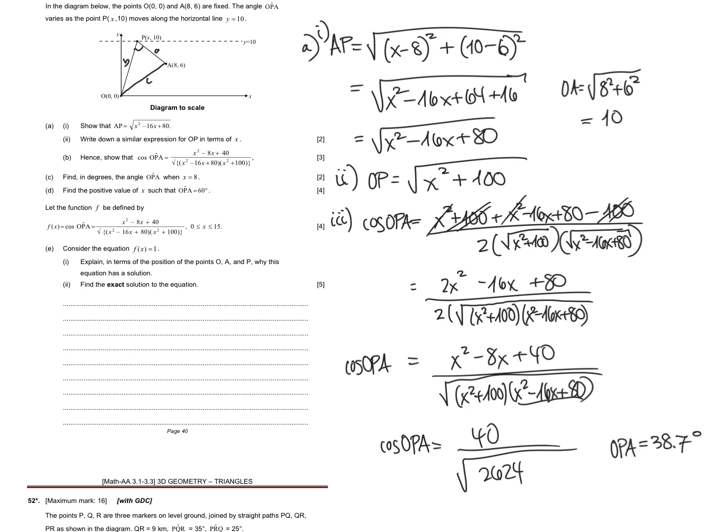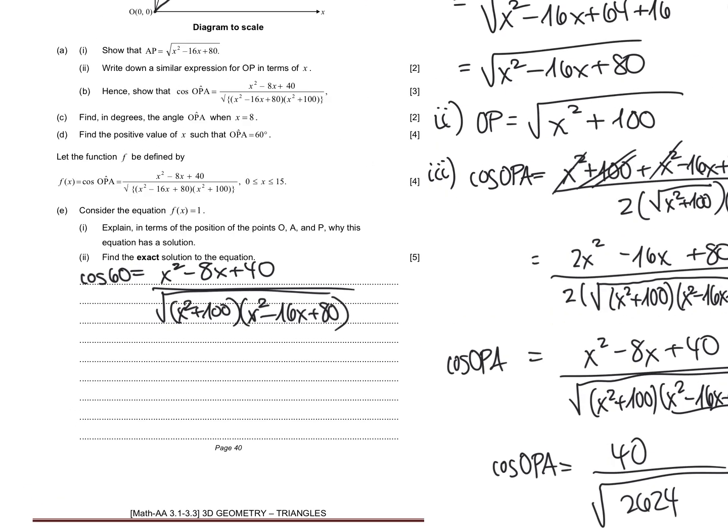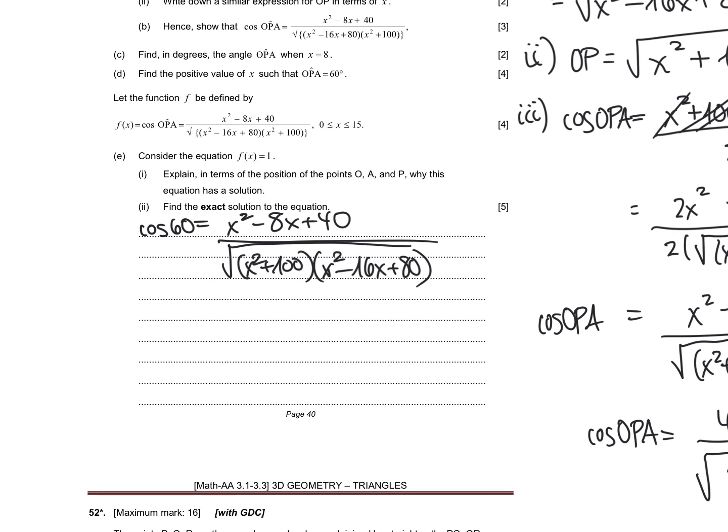So now find the positive value of x such that OPA is 60. So we're going to have cosine 60 equals all of this, over square root of x squared plus 100. Okay. So cosine 60 is 1/2.